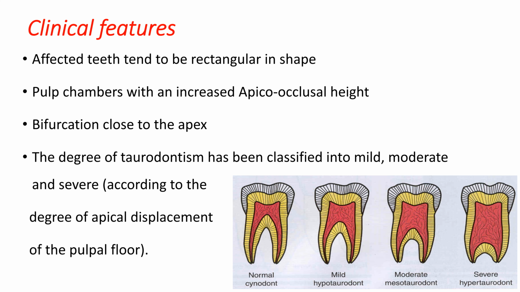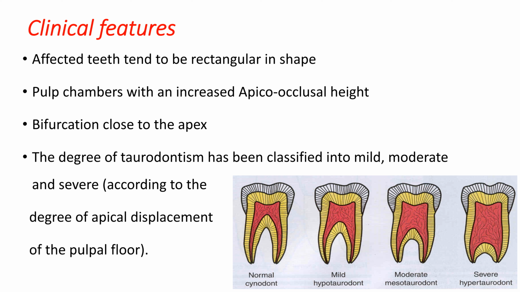Then the clinical features of taurodontism. Affected teeth tend to be rectangular in shape and exhibit pulp chambers with an increased apico-occlusal height and a bifurcation that is close to the apex of the root.